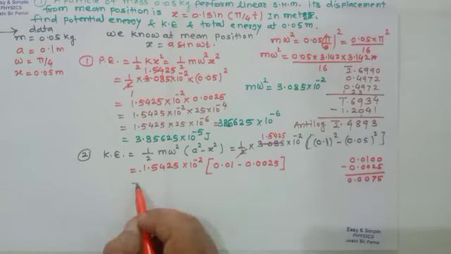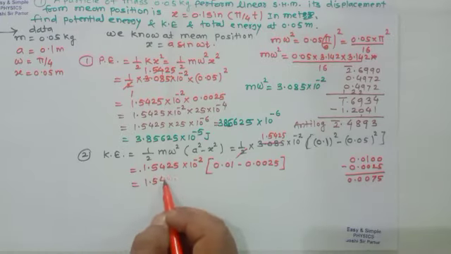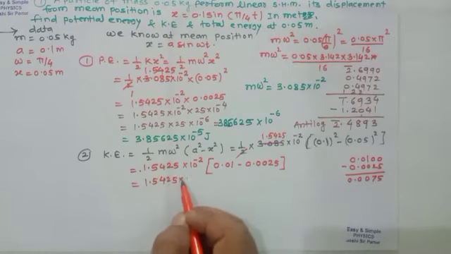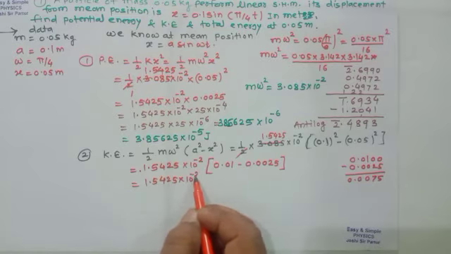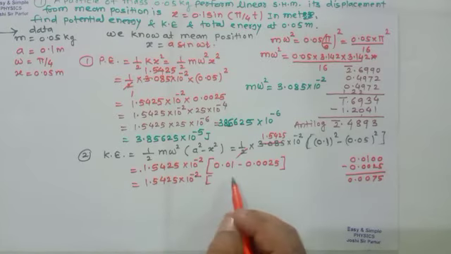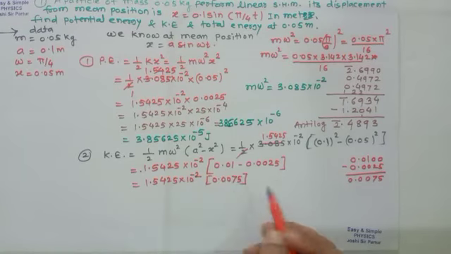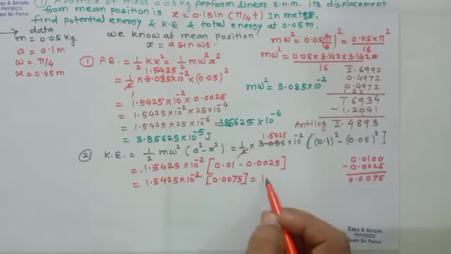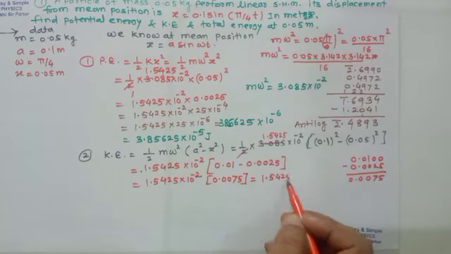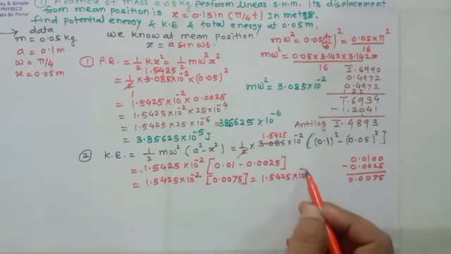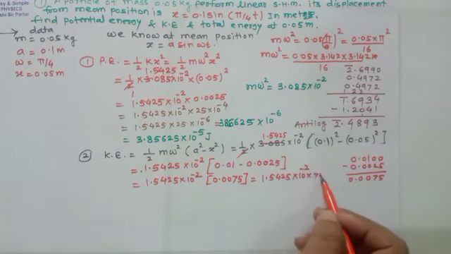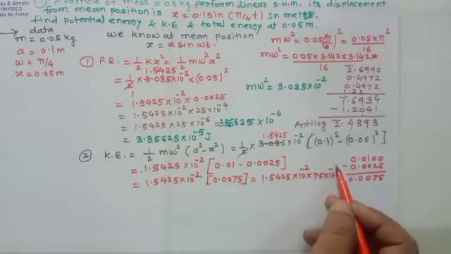So here 1.5425 into 10 to the power minus 2 in bracket 0.0075. So we can write it as 1.5425 into 10 to the power minus 2 into 75 into 10 to the power minus 4.